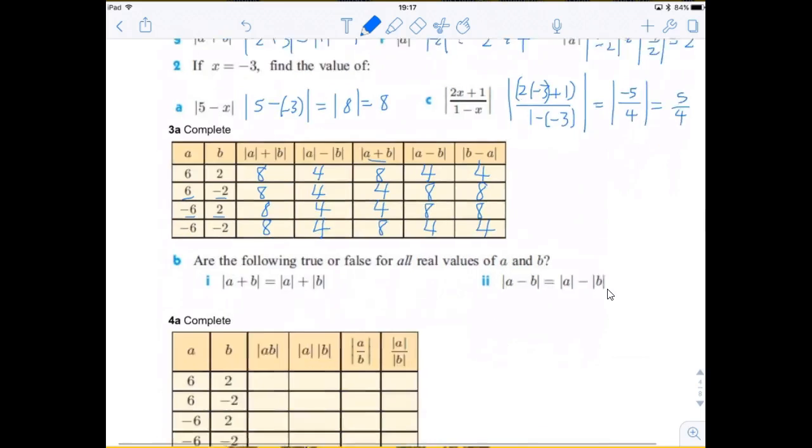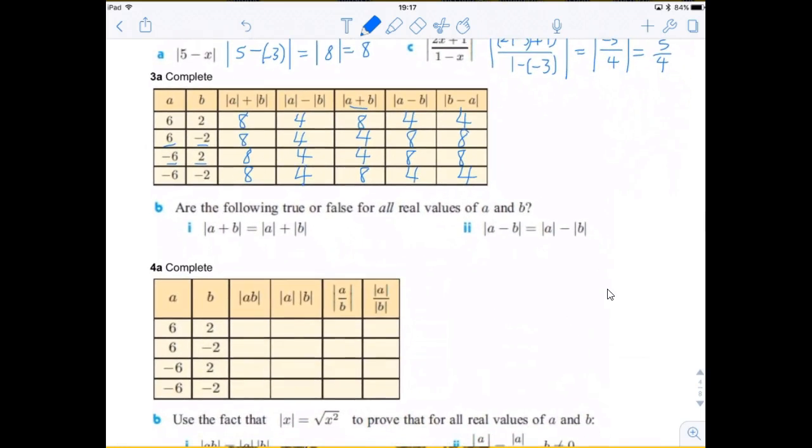Okay. B. Are the following true or false for all real values of a and b? Let's look at 3a and see if this helps us. So is the absolute value of a plus b equal to the absolute value of a plus the absolute value of b? So let's see where they match. We're talking about this and this.